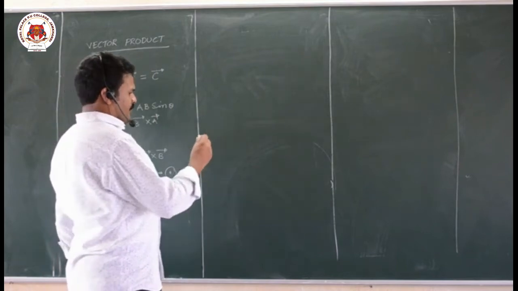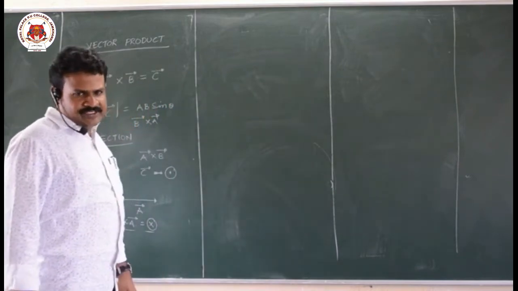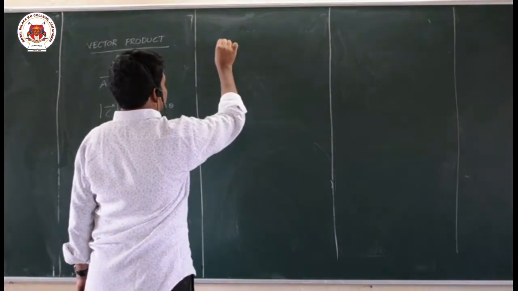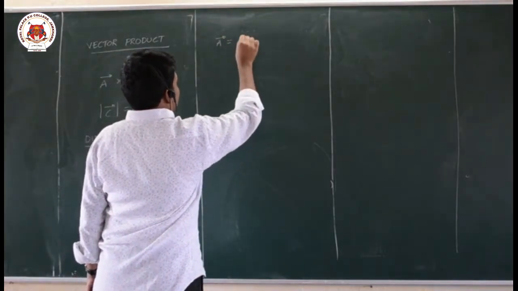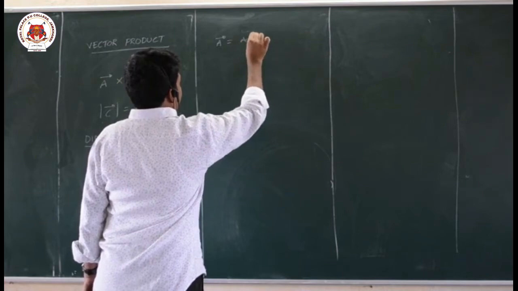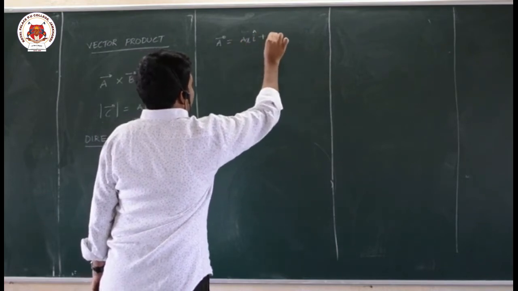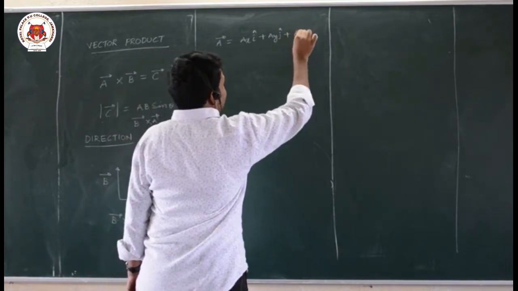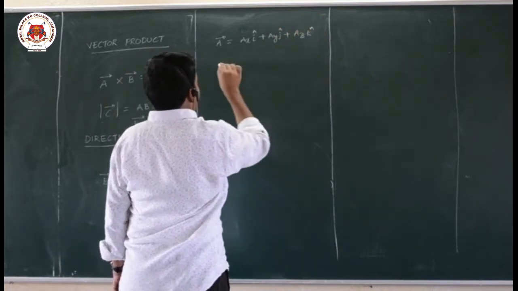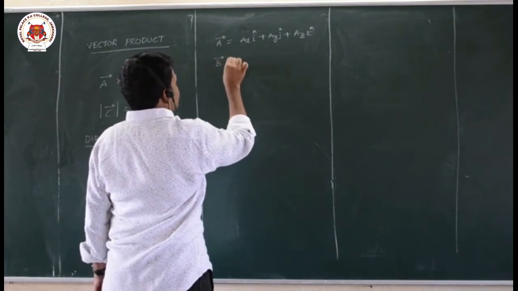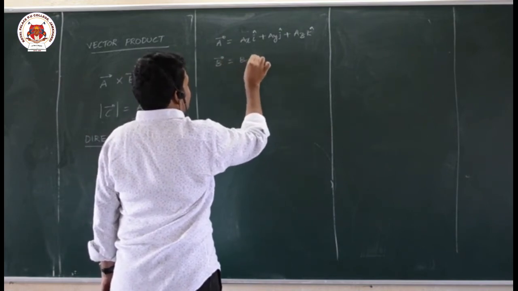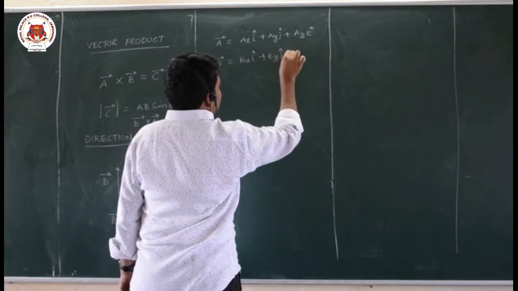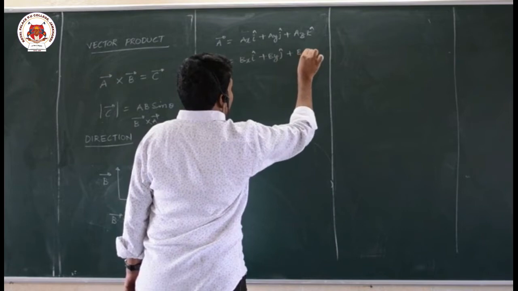Many applications are there for the vector product, and here is how to find the vector product when position vectors are given. Suppose a bar is given as ax i cap plus ay j cap plus az k cap, and b bar is given as bx i cap plus by j cap plus bz k cap.